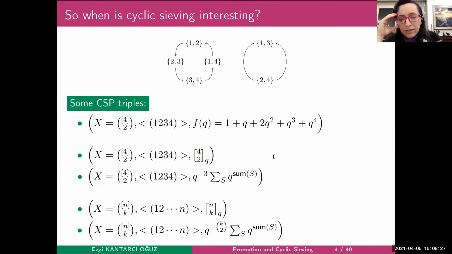And in this talk, we'll mainly be interested in different families of Tableau as our sets, and our action will be the promotion action. And we'll have different kinds of polynomials. In Tableau, some interesting polynomials are the simplest cases: you just get the counting formula and you get a Q analog of that.